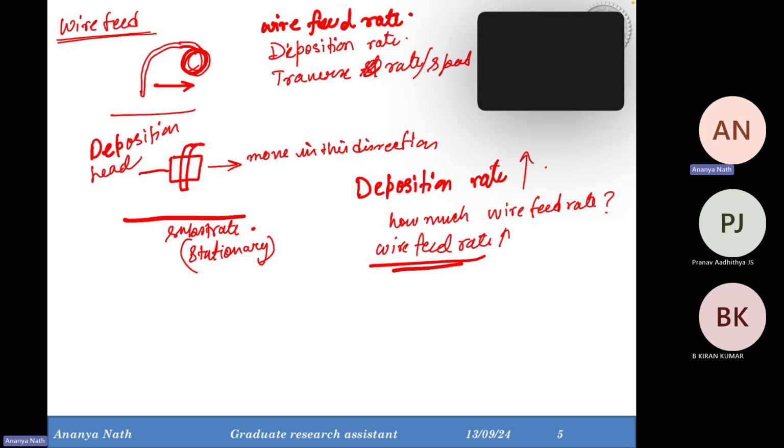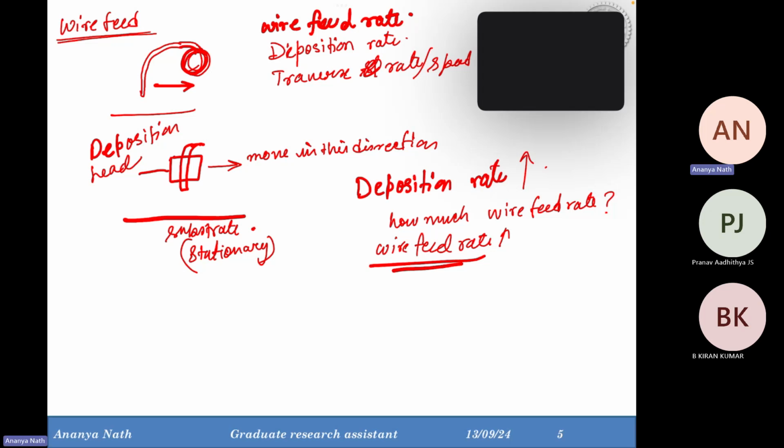Now, again, there is no limit of high and low. There should be an optimal limit, an optimal speed. Because if my deposition rate is high, then it's good, we will get the whole printed part in a very small time. But again, the spool is rotating and the wire is coming.